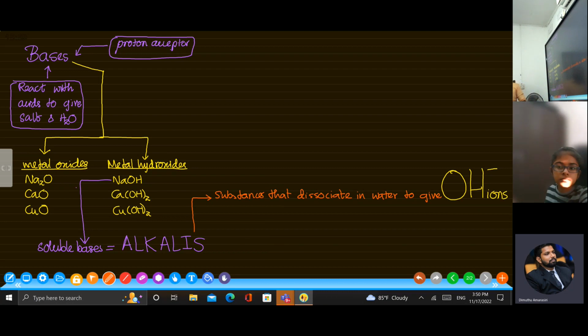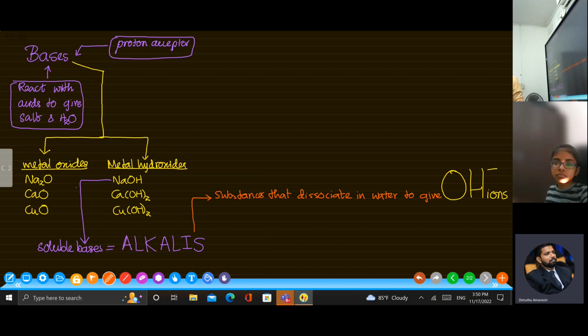Like H plus ions are the active species of acids, the active species of bases can be O2 minus ions for oxides, and OH minus for hydroxides. But when a base dissolves in water, they are only hydroxides. But not all hydroxides are soluble. The soluble hydroxides are called alkalis. Alkalis are substances that dissociate in water to give hydroxide ions.